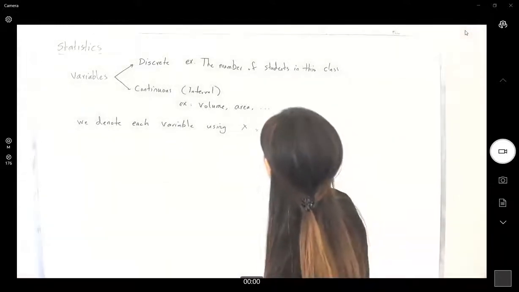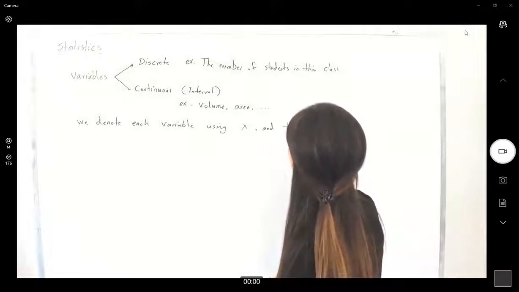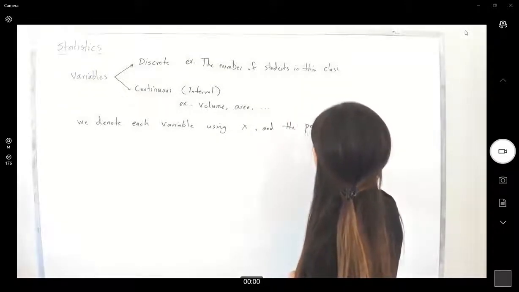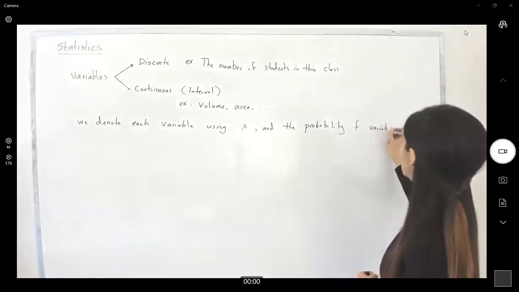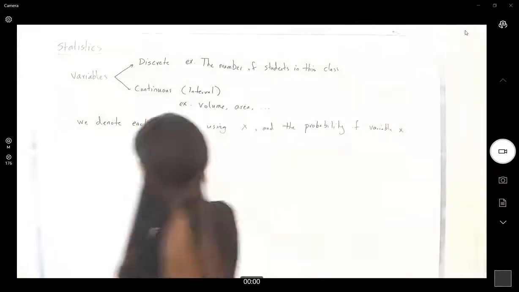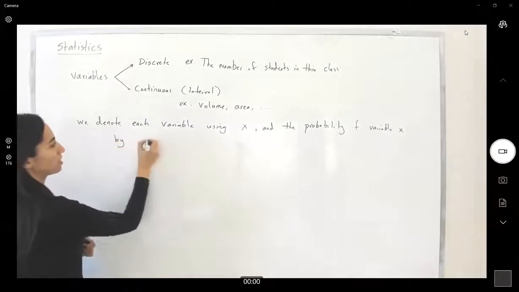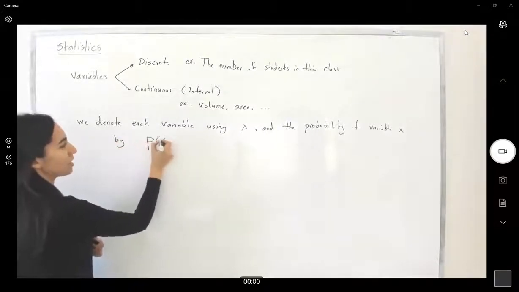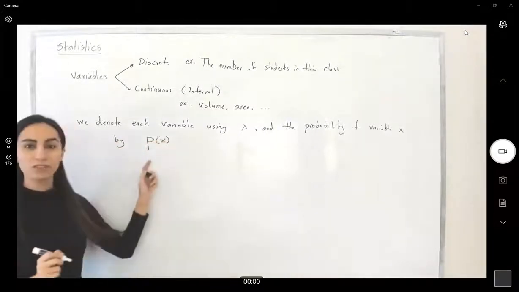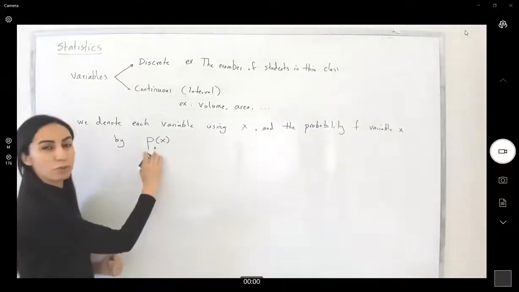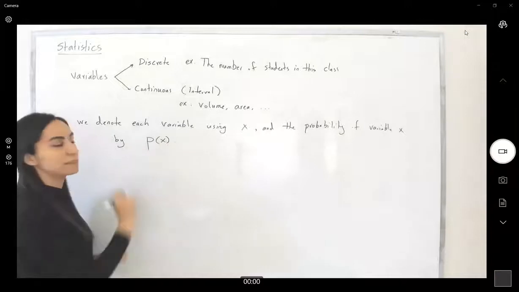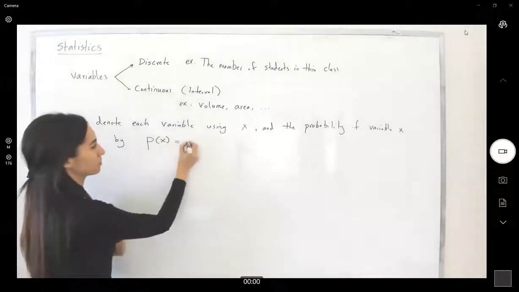And the probability of variable x is denoted by p of x. So when you see p of x, it means that you're finding the probability of variable x.